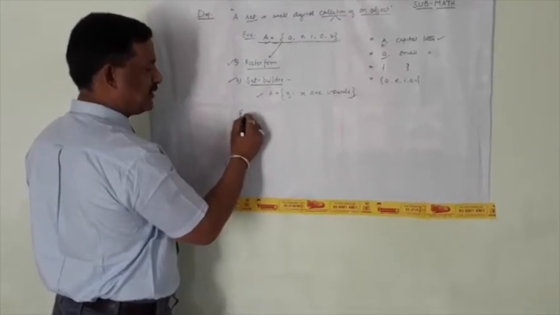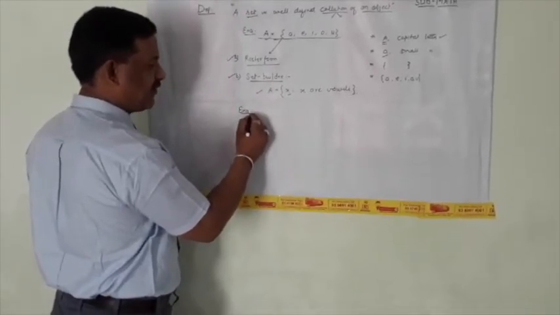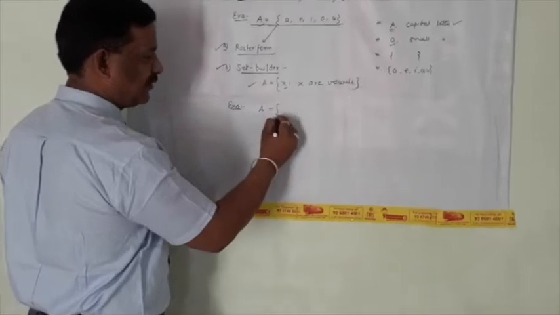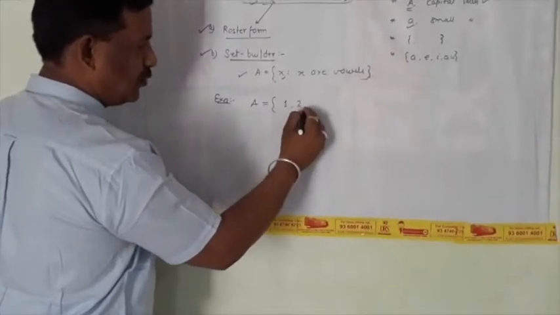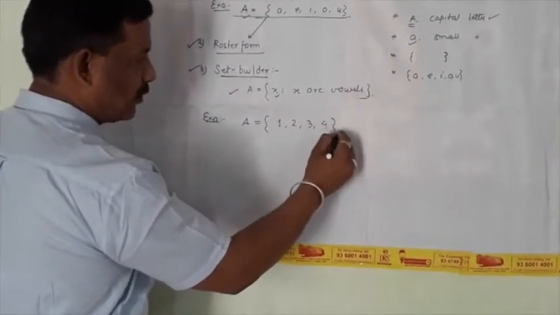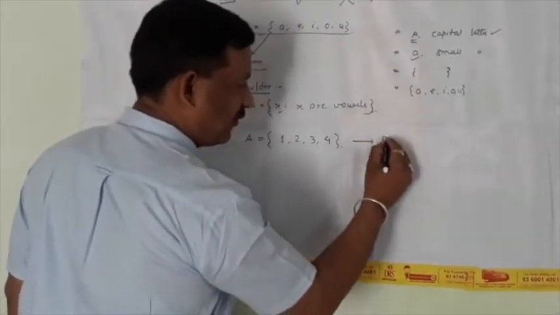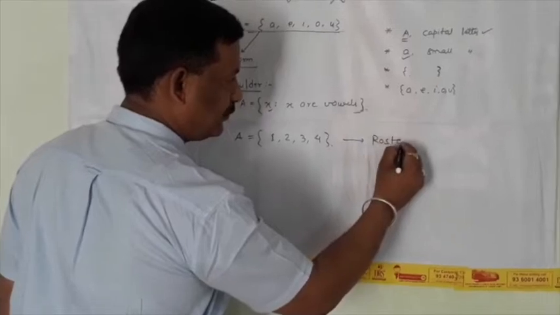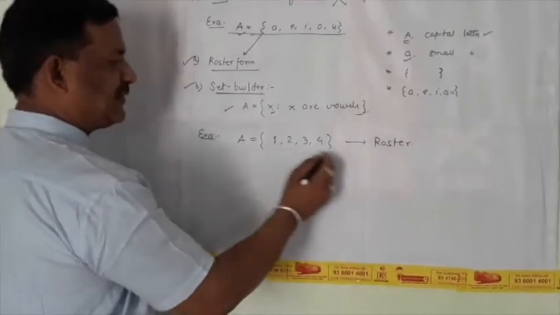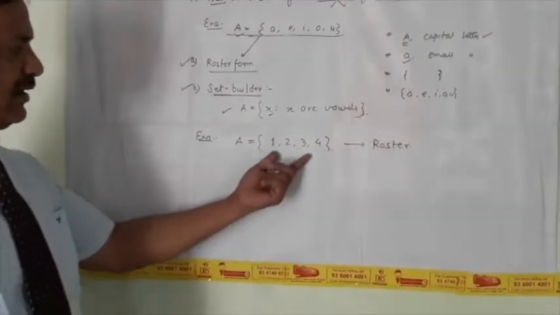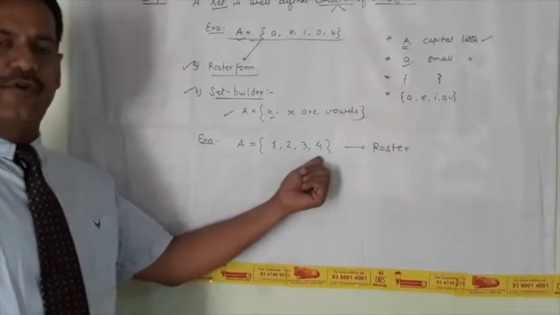Now let us move on to another example of roster form. A equals curly bracket 1, 2, 3, 4 curly bracket close. This is another example of roster form, because the elements are written in curly brackets with the help of commas.